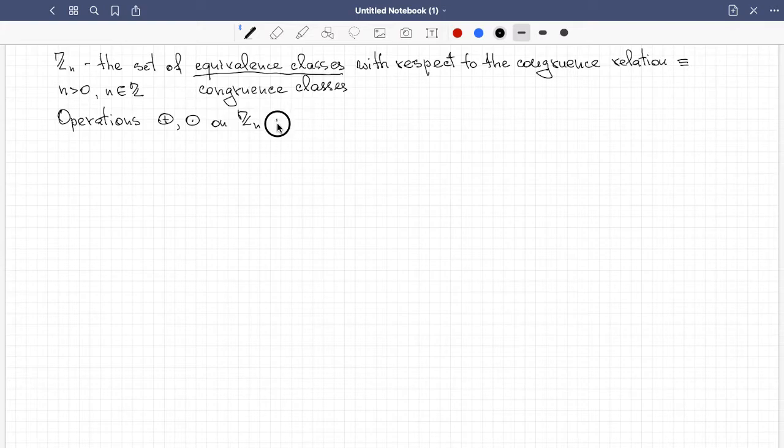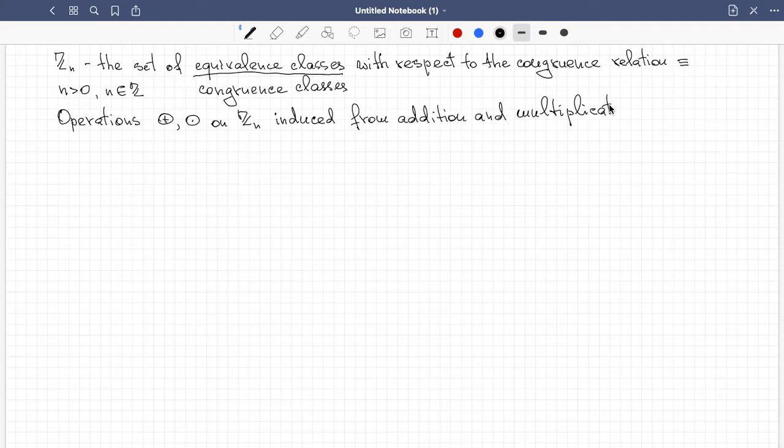These were induced from addition and multiplication of integers.